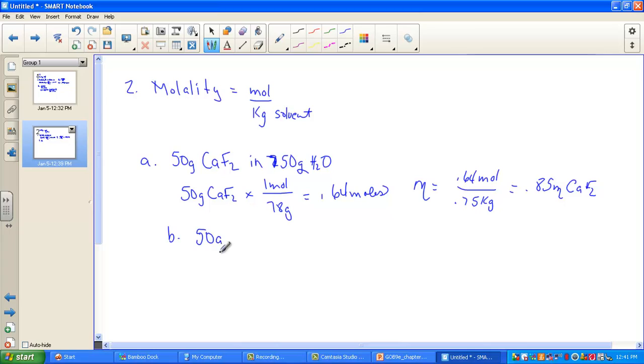We have 50 grams of carbon tetrachloride, CCl4. We're going to place that into 100 mils of benzene, and benzene is C6H6. Not necessary to know that formula, but that is the molecular formula for that organic molecule benzene.